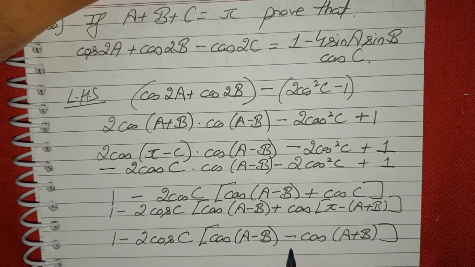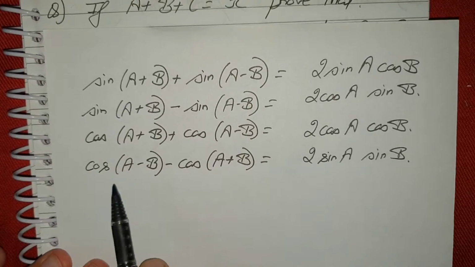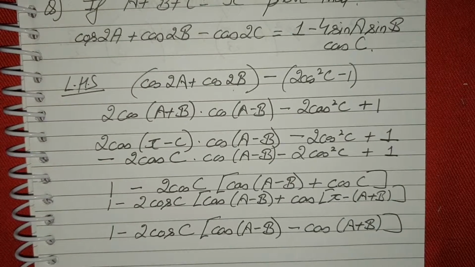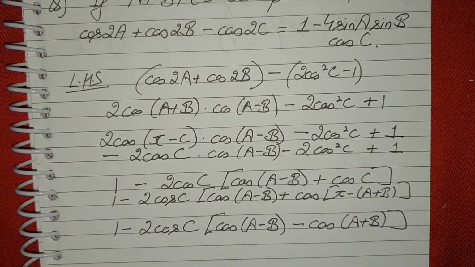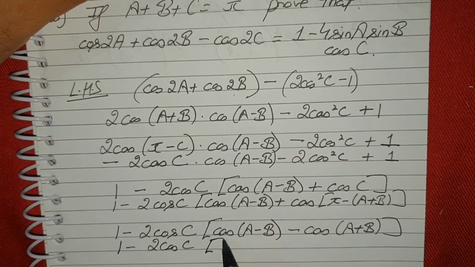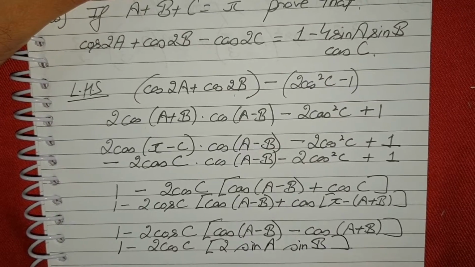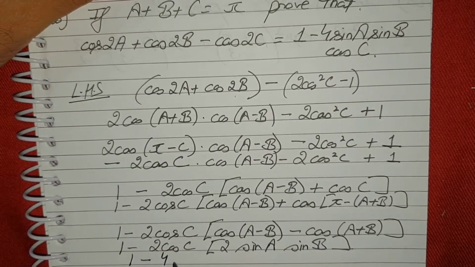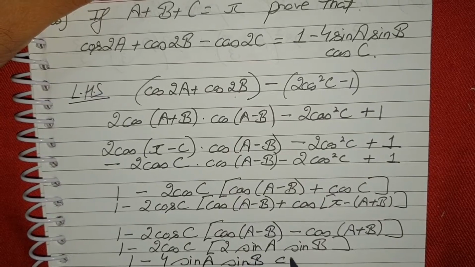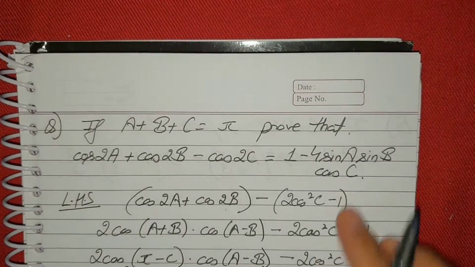Now use this formula: cos (A minus B) minus cos (A plus B) is 2 sin A sin B. So 1 minus 2 cos C into 2 sin A sin B. This is 1 minus 4 sin A sin B cos C. Rearranging them, which we had to prove. Okay.